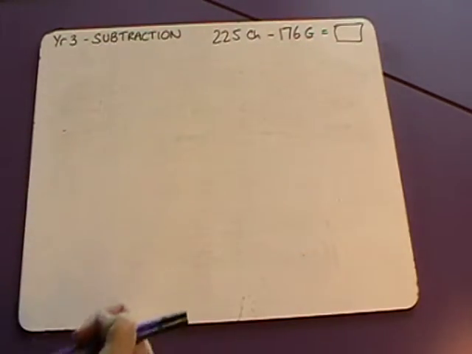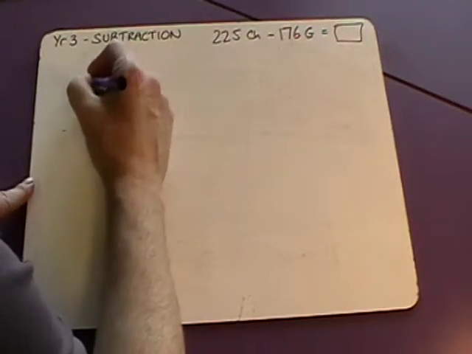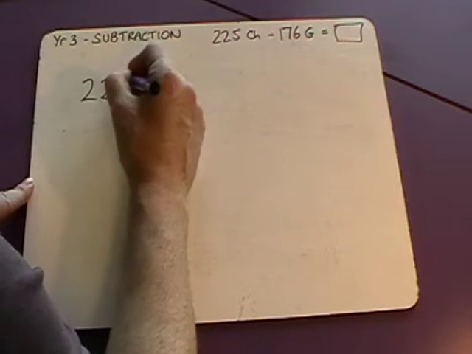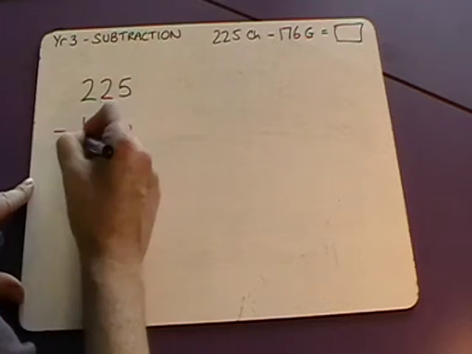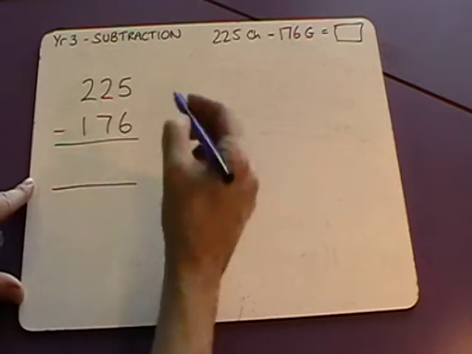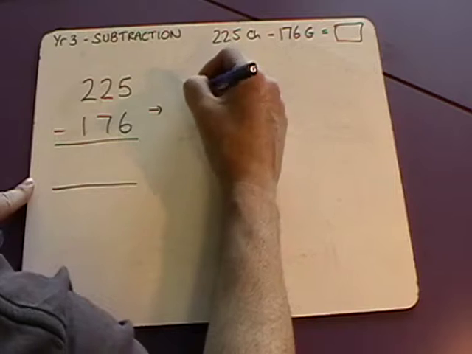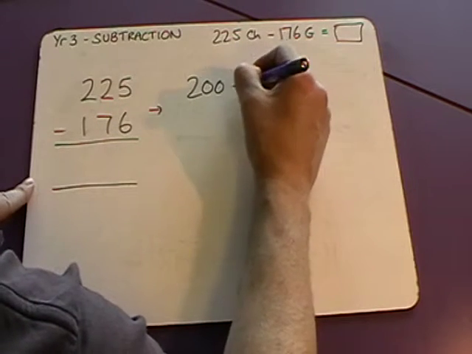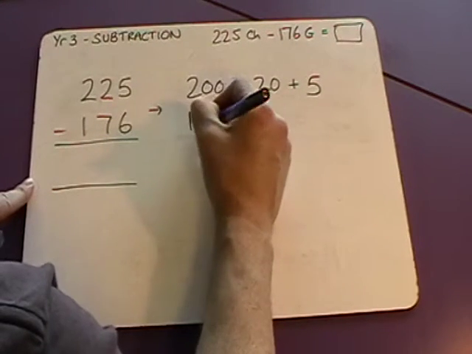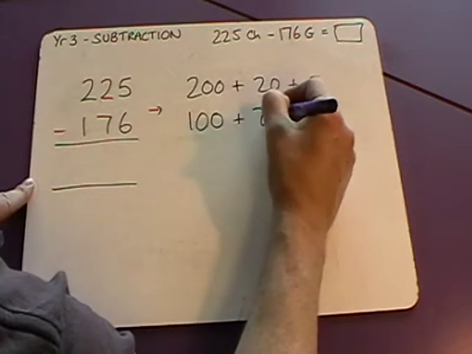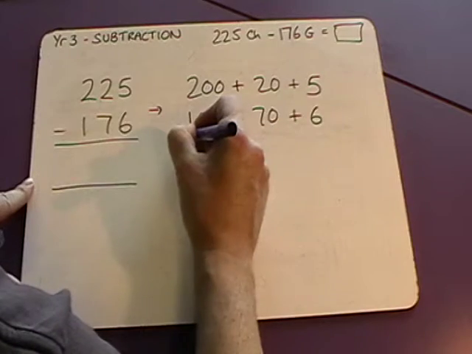How many boys would we have? So our calculation looks like 225 subtract 176. We can expand that out. 225 and 176.